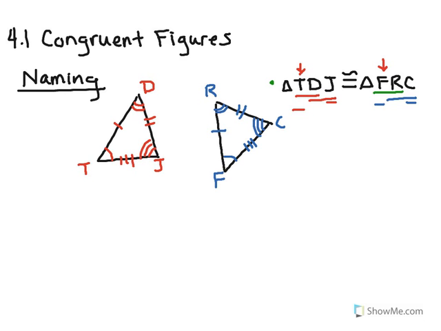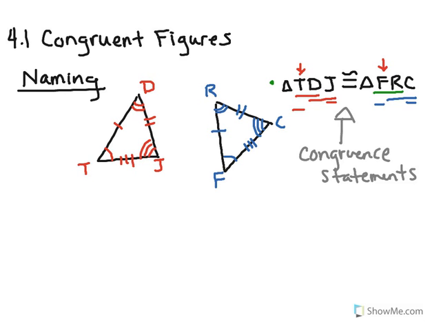So everything in a congruence statement, that's what this is right here. This is a congruent statement. It should tell you all the sides that are congruent as well as the angles. So what I would say then is I would list out all the parts that are congruent.